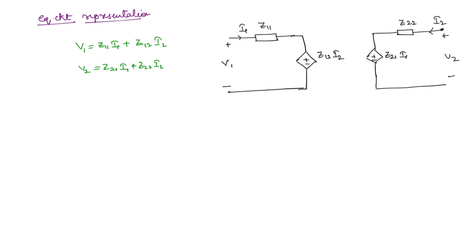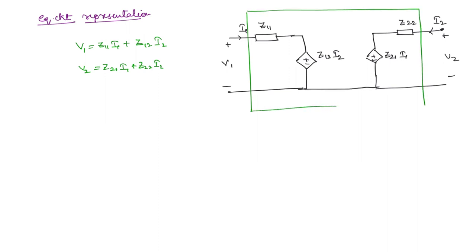Okay. But now this is a complete circuit will be connected together. So that is why we connect these both like this. Okay. So now this is the two-port network. Whatever is inside the two-port network, we can get them to represent in this form.